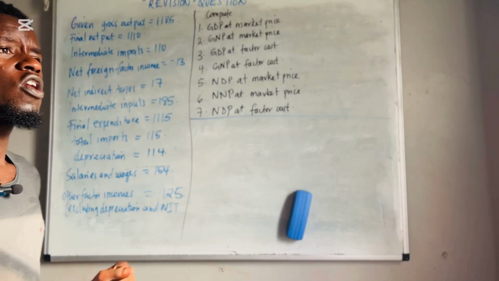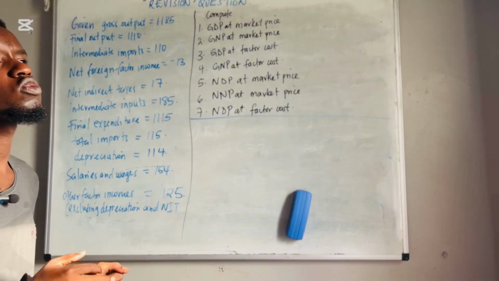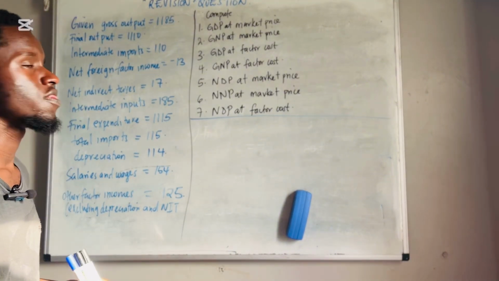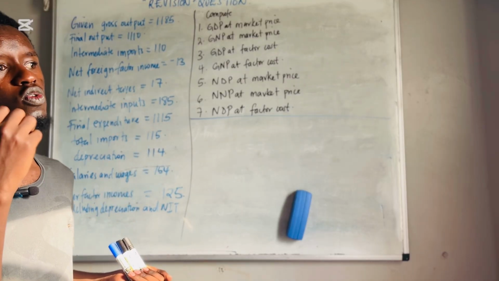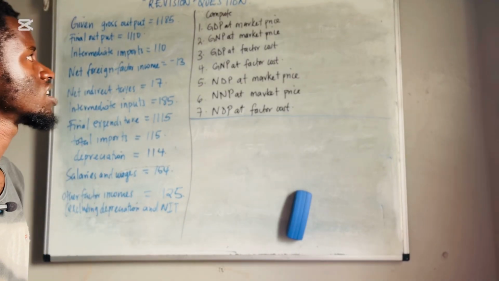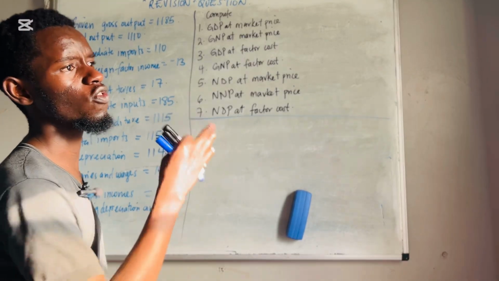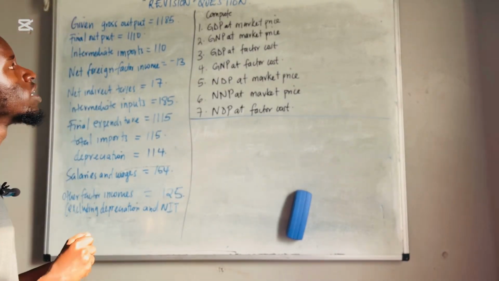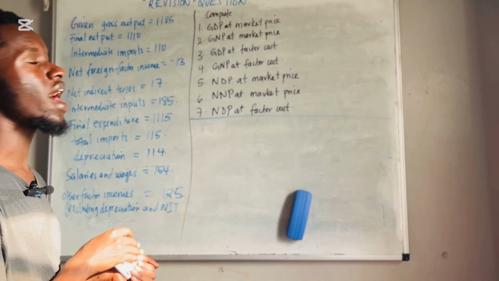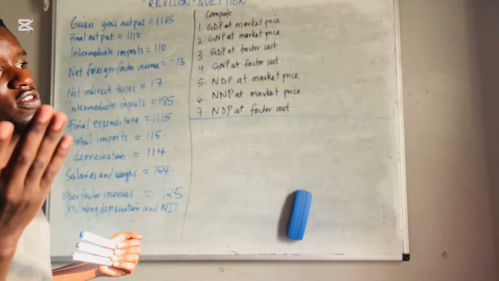We said if you have something at basic price and want to take it to market price, we just need to add taxes minus subsidies. Then if you want to take it to factor cost, we subtract taxes minus subsidies. And if we're changing from domestic to national, what do we do? We add net foreign factor income, like what we earn from abroad minus what we spend abroad.